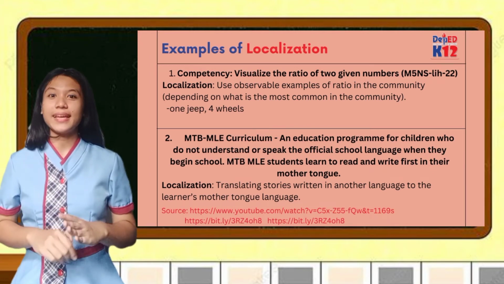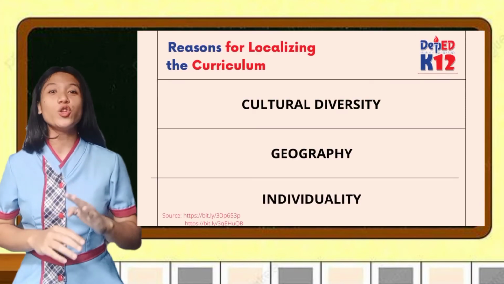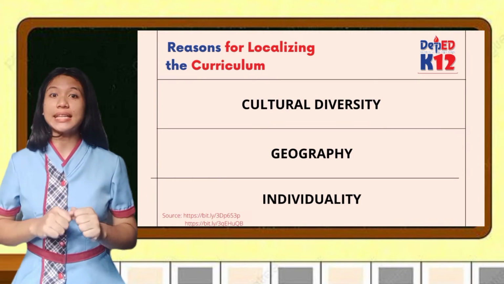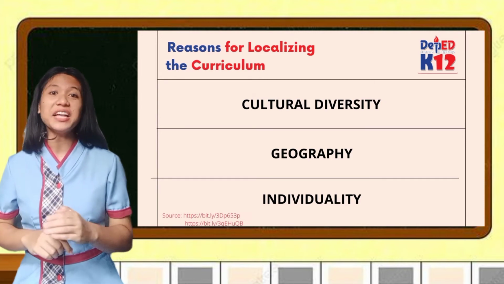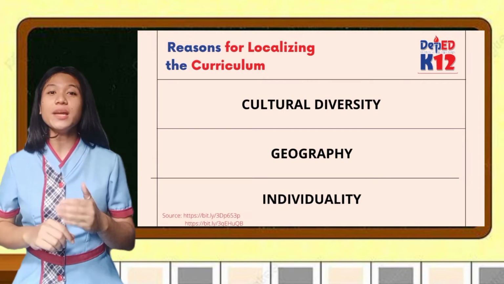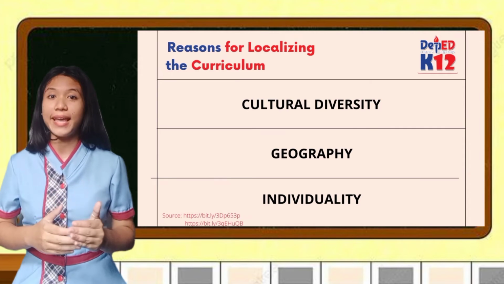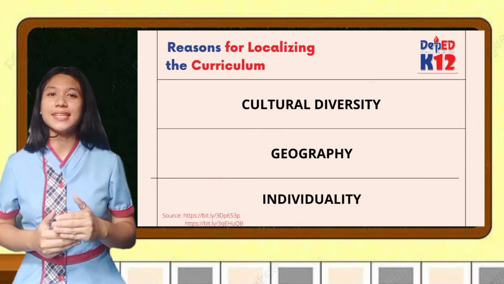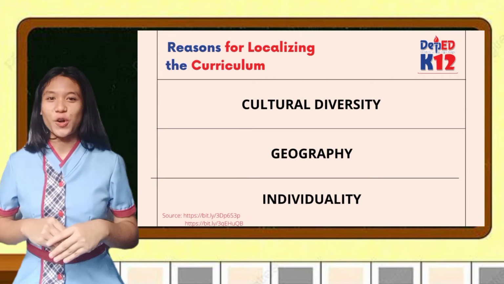So the last topic is the reasons for localizing the curriculum. First is cultural diversity. Cultural difference is a characteristic that impacts our learning, and diverse norms, beliefs, and values can be used in teaching. When the teaching or learning materials and content of the lesson are more relevant to their being, the more they will absorb and enjoy learning since it provides a realistic approach that mirrors their culture.